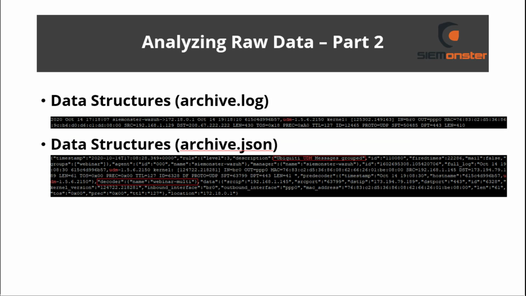So we covered the data structure differences between archive log and archive JSON in the previous session. These have been updated to reflect the changes that I have made to the decoder. You will notice that the top line in the archive log just gives the raw data that is received by the Wazuh environment, and the data structure for the archive JSON includes the description for my decoder that was used, as well as the decoder name that was used.